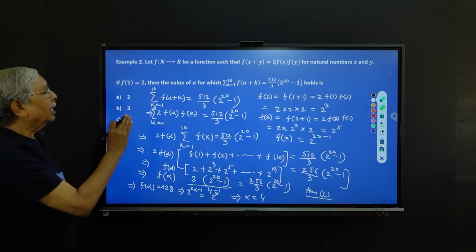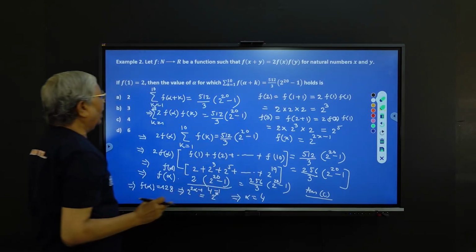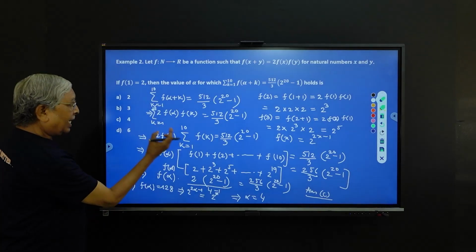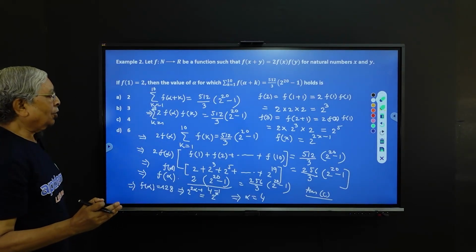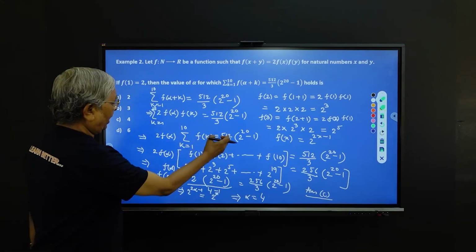Break it up. f(x plus y) is equal to 2 into f(x) into f(y). So we can write 2 into f(α) into f(k). In the second step, as it is constant, we have taken it outside the summation notation. This sigma k equal to 1 to 10 of f(k) equals to this thing.